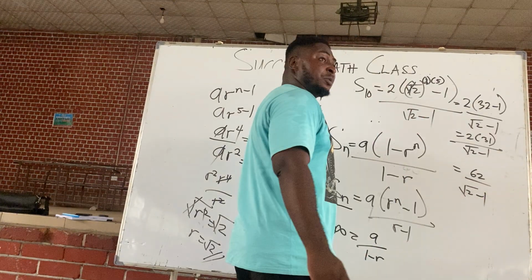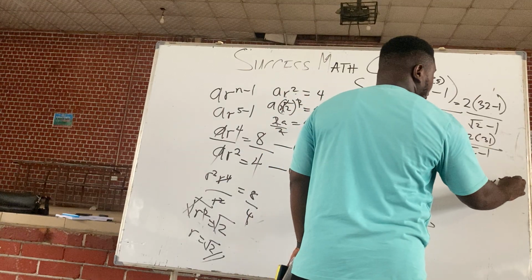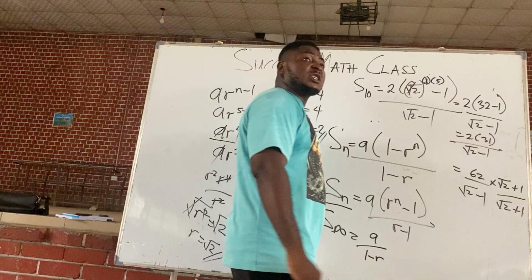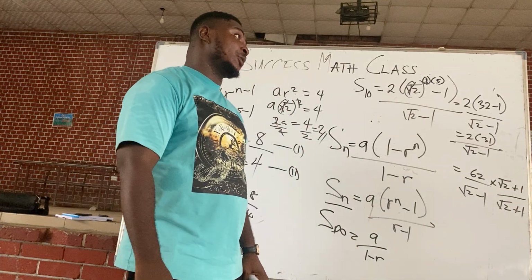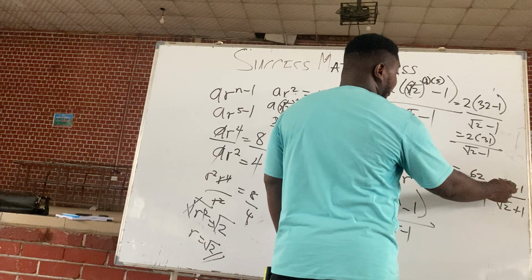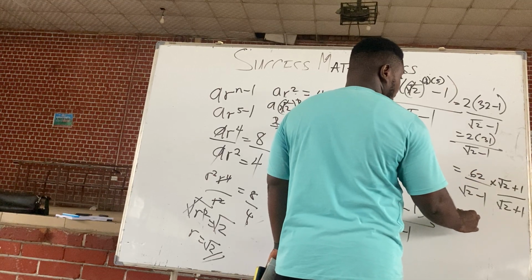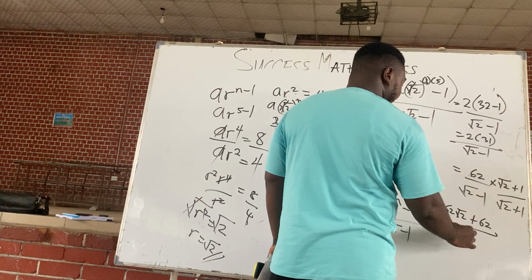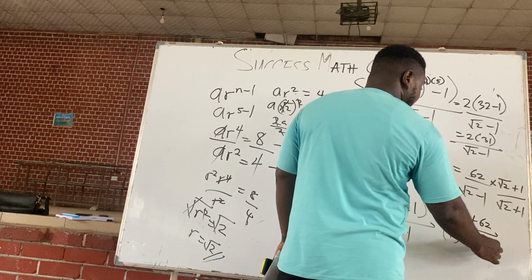We don't like a surd in the denominator, so we rationalize by multiplying both up and down by root 2 plus 1. That gives 62 times root 2, 62 root 2 plus 62, all over the difference of two squares: root 2 squared minus 1.